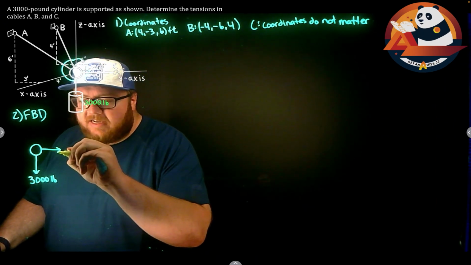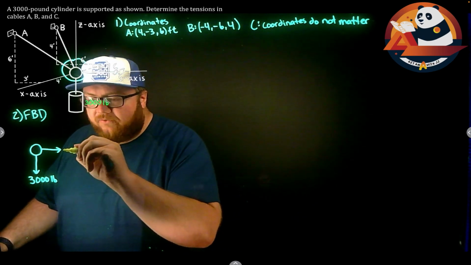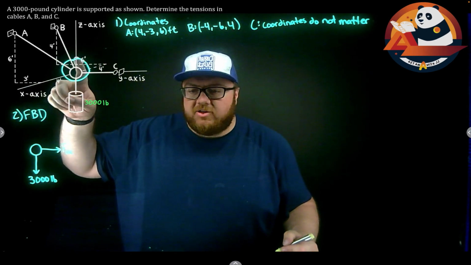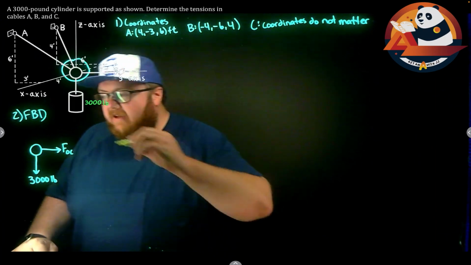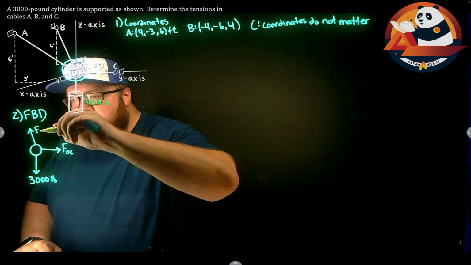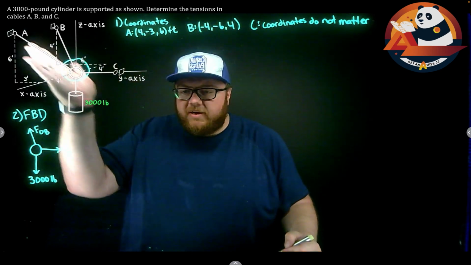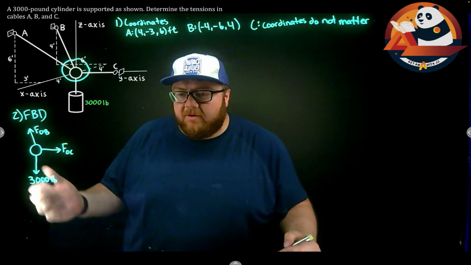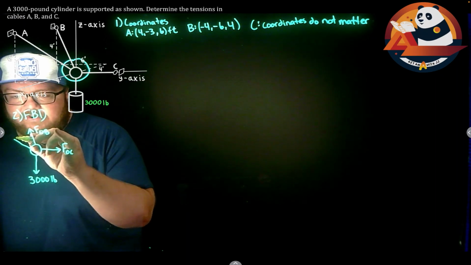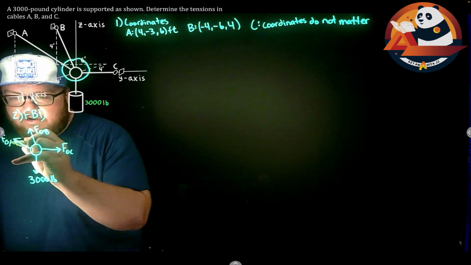Straight to the right, I have the cable that goes from the origin to C. Let's call that the force FOC, and that'll be one unknown for us. I also have, going up and to the left, FOB, the force in the cable that goes from the origin to point B. Then up and more sharply to the left, I have a cable that goes to A. Let's put in one more unknown that goes from the origin to A: FOA.